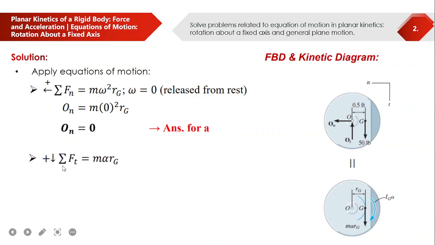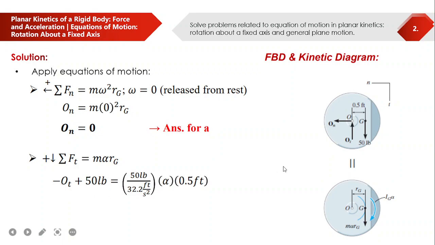Next is the summation of all the forces at the tangential component, where your positive sense will be downward, equal to mass times angular acceleration times r sub g. So, yung mga vertical forces are O sub t and the weight. So that will be negative O sub t plus 50 pounds.